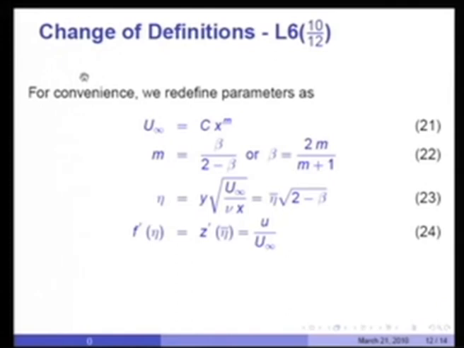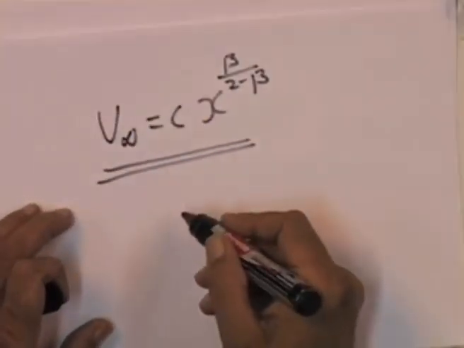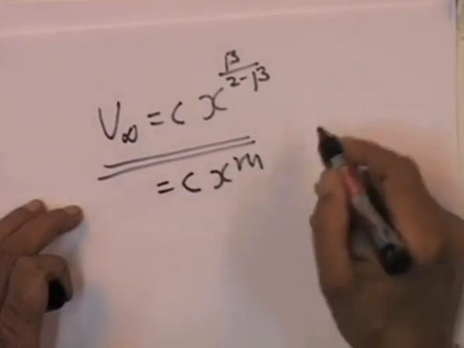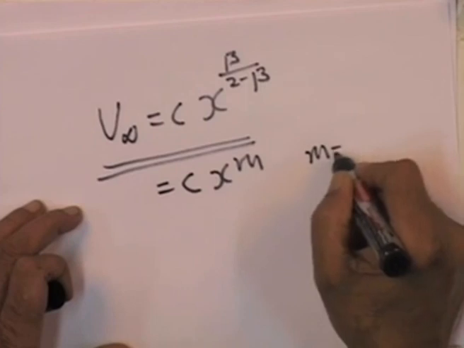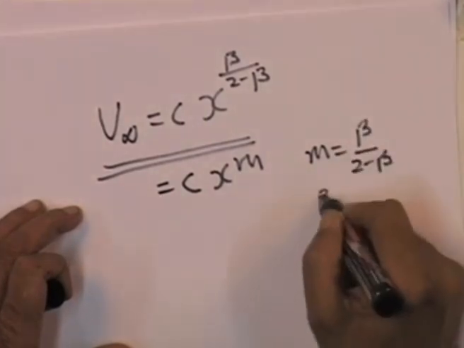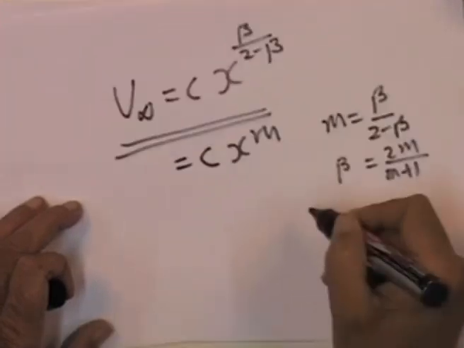For further discussion, I am going to change the definition. I am going to say u infinity equals C x raised to beta over 2 minus beta, which will be written as C x raised to m, where m is equal to beta over 2 minus beta, or beta is equal to 2 m over m plus 1.